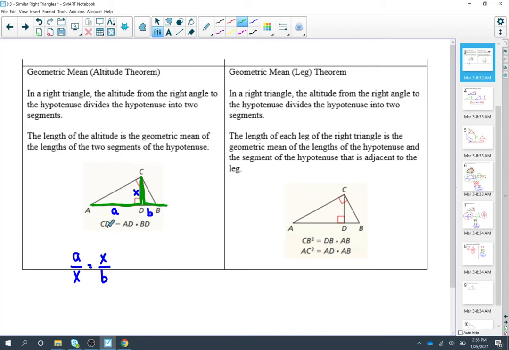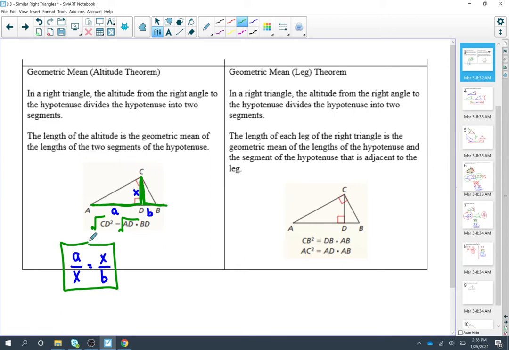The way they write it in the theorem is CD squared, your altitude squared, equals AD times BD, which again is your nth root, because you would solve this by taking a square root of the product of your two numbers. But I personally like to think about it like this.